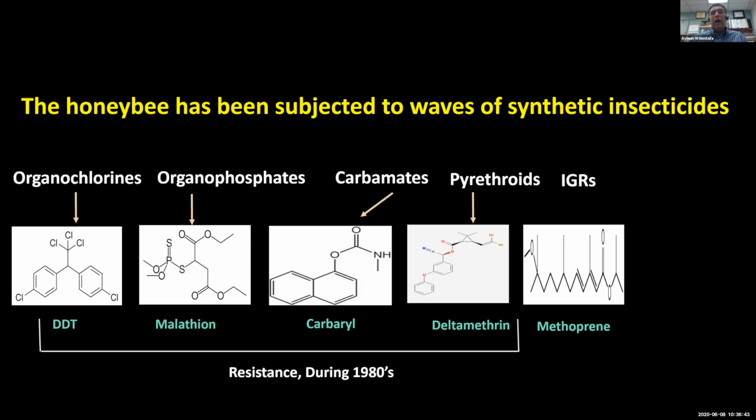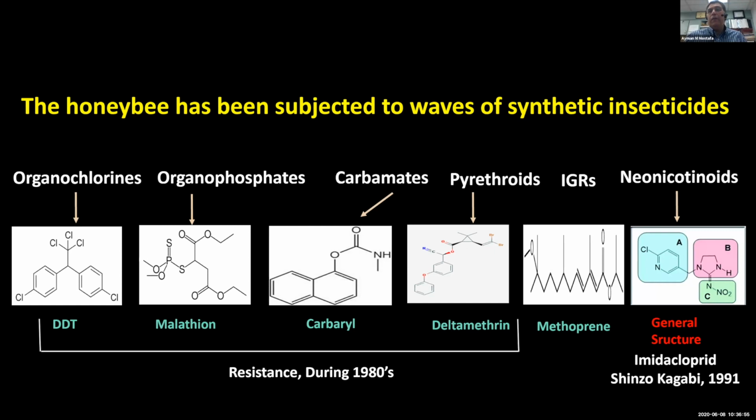All of these had resistance during the 80s, and many of them are not used in the US. And then we have the newcomer, the neonicotinoids, or I will call them the neonics for abbreviation.